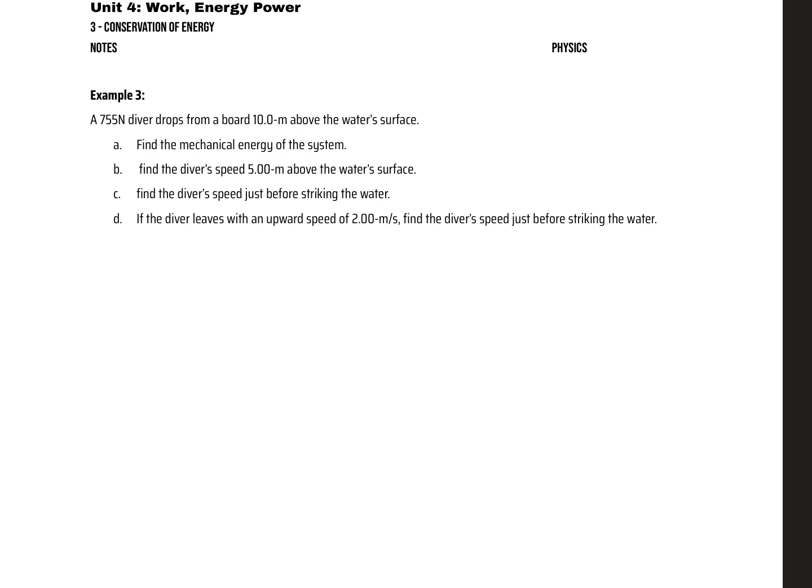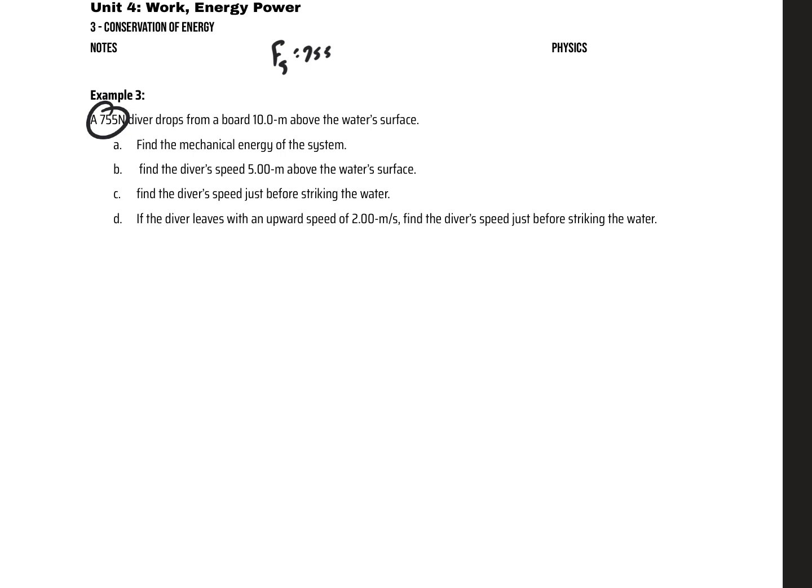The last question is a very typical question when we see this. We have a person that stands on top of a diving board, a 10-meter board, that's pretty high up there. We're given his weight, so Fg is 755. If we wanted the mass, we'll have to divide by g, so we might have to do that here in a little bit. We need to first find the mechanical energy of the system.